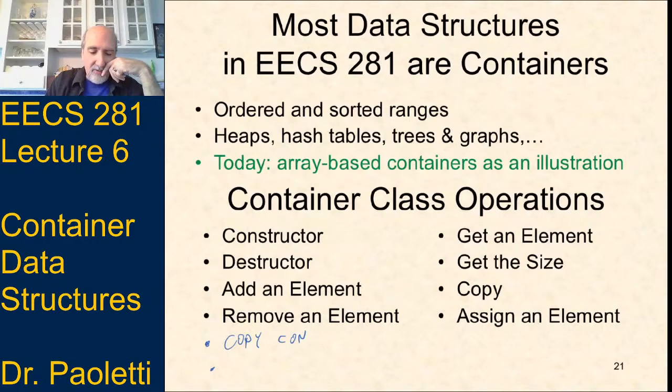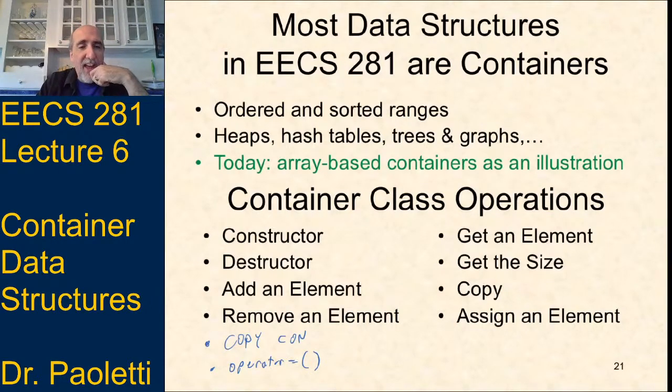I should probably have an overloaded operator equals. I want to also be able to add elements and remove elements, common things to do. Get an element from the container. Maybe ask the container its size.